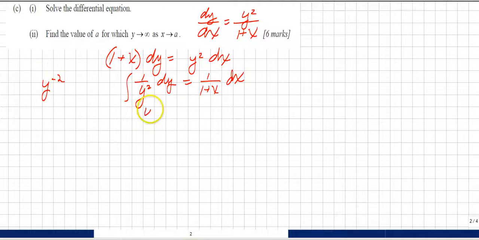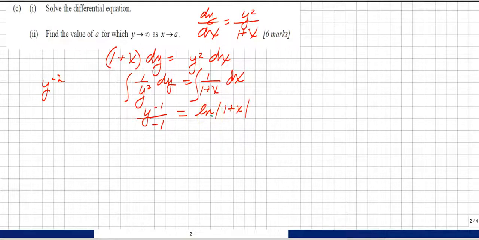So we increase that power, and it becomes y to the negative 1 over negative 1. On the right side, as long as there's no power on the x, that is a form of the natural log. So the integral of 1 over 1 plus x dx becomes ln absolute value of 1 plus x.